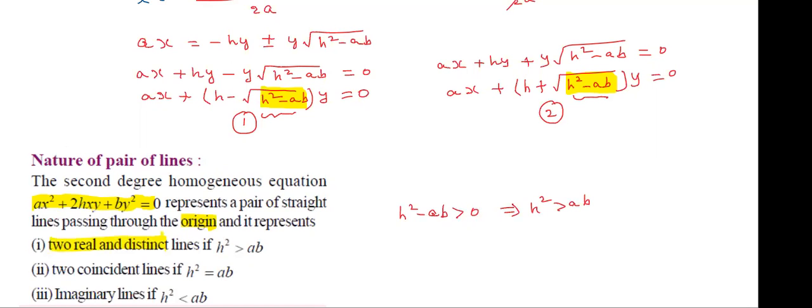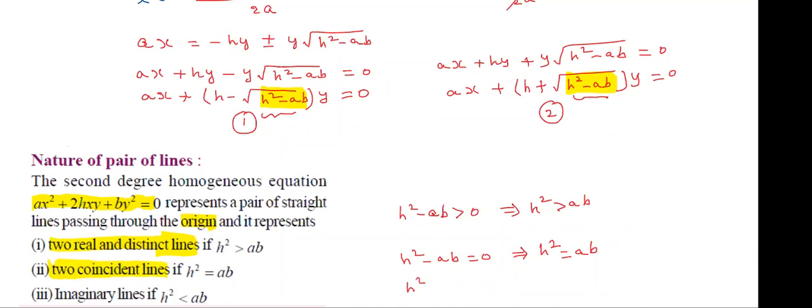If h square minus ab is equal to 0, that means h square is equal to ab, in this case we will say that the two lines are coincident.